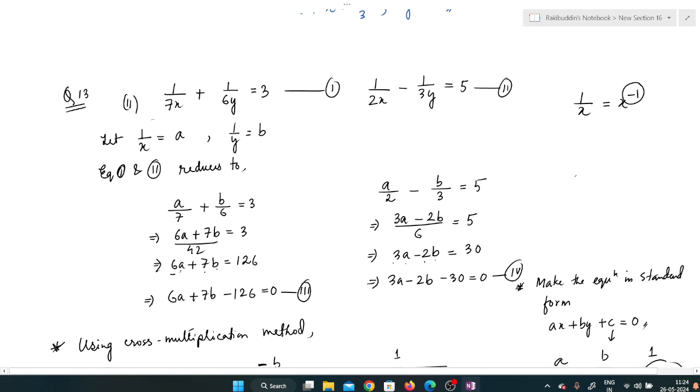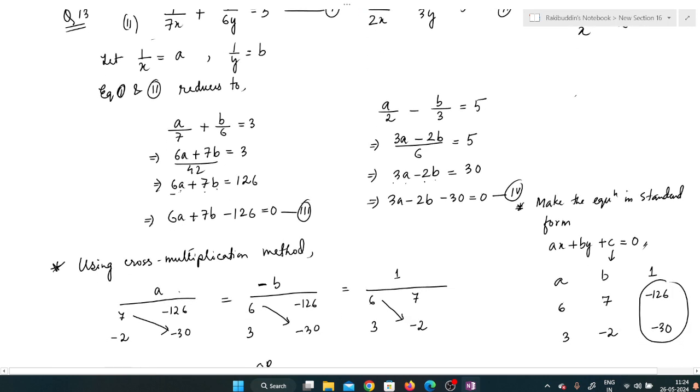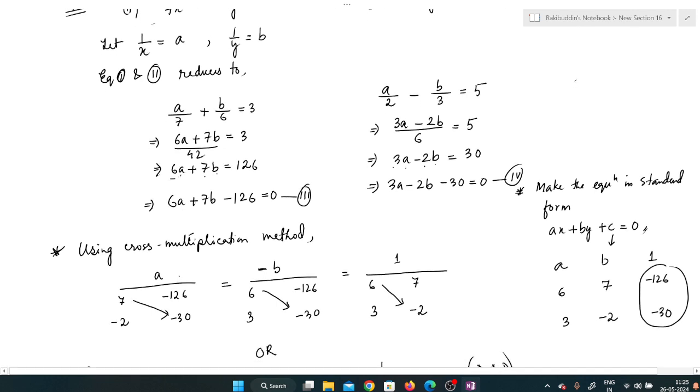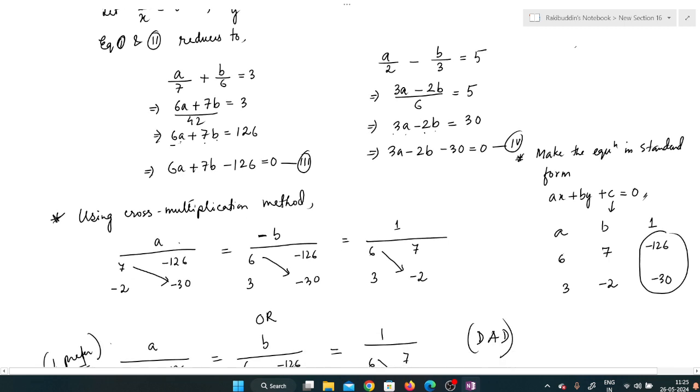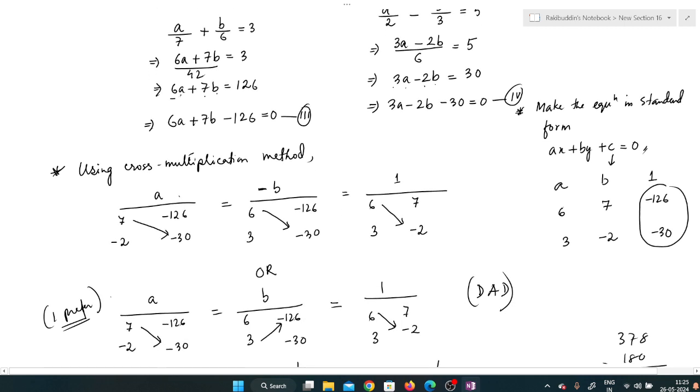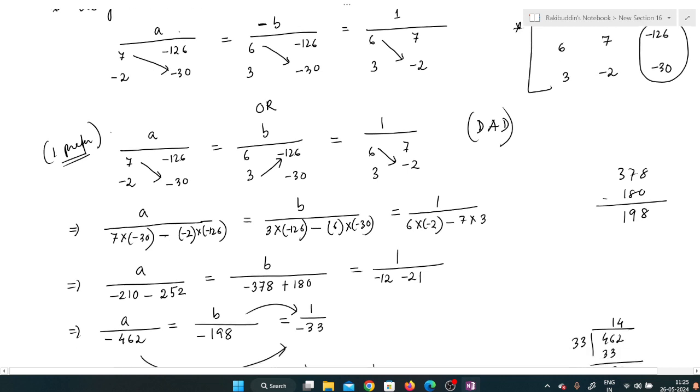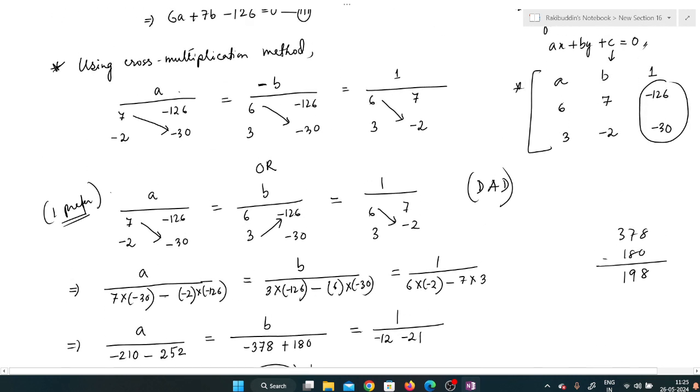But before using cross multiplication, the most necessary thing to do is make the equation in standard form. I mean, write the equations in standard form, and your standard form is ax plus by plus c equals 0.